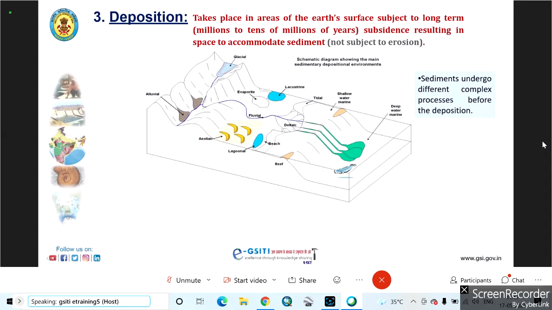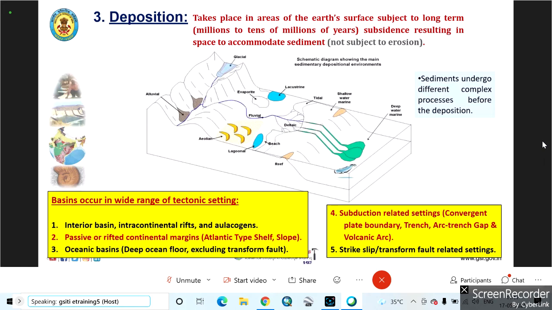And when we are dealing with the basin of deposition, then we need to understand how that basin has been formed. It is well known that there is one factor called tectonism that plays a very important role in basin formation. So here are some categories of the major basins, and in those major basins there are small basins, like mentioned here in the upper part.